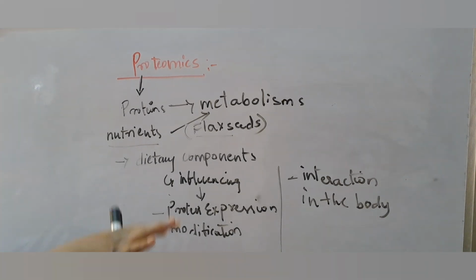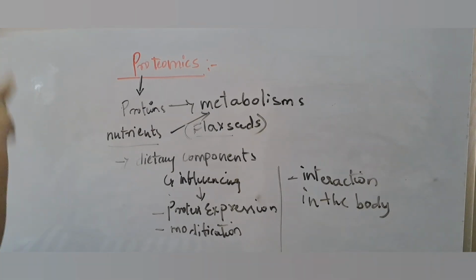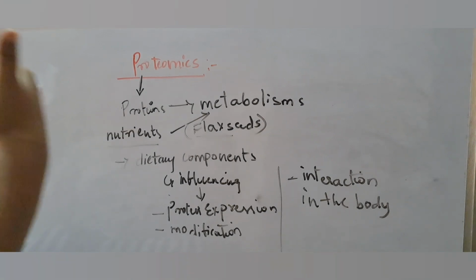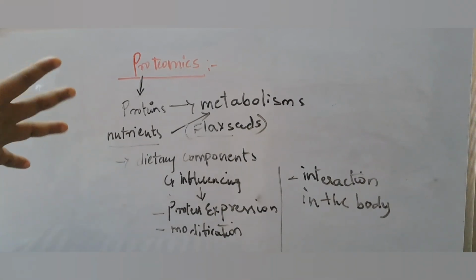So if you took flax seeds as an anti-inflammatory food, it will act to reduce the inflammation and indirectly reduce your obesity. This is the best example to show how the protein is influencing your body, changing its expression, how it is modified in your body, and how the interaction took place.